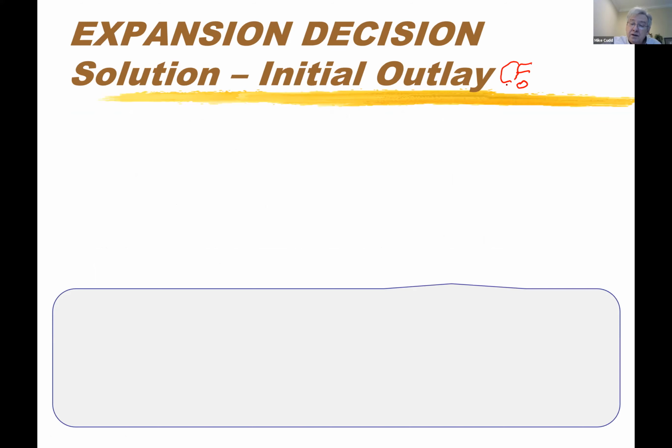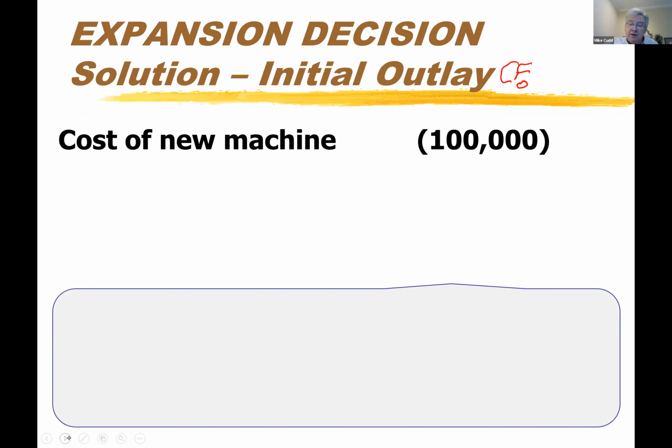If we accept this project, if we go ahead with it, what will we have to pay right up front? Well, obviously, one thing we'll have to pay is the cost of the equipment installed. And notice I'm showing a negative number as parentheses. That'll be an outflow. We'll pay out $100,000 for the new equipment.